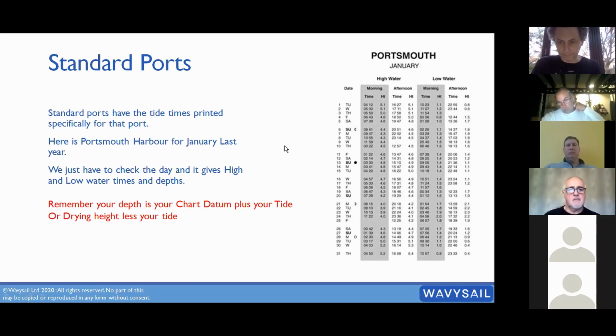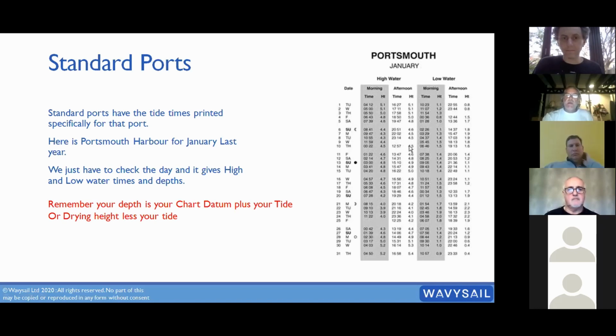Remember to add your chart datum. Expecting the water to be 4.5 meters deep on that day.